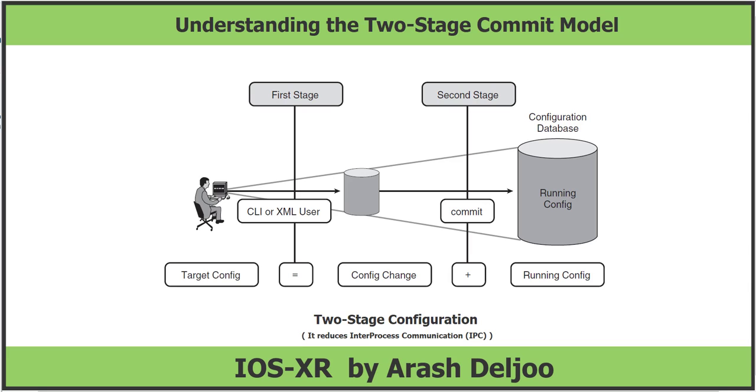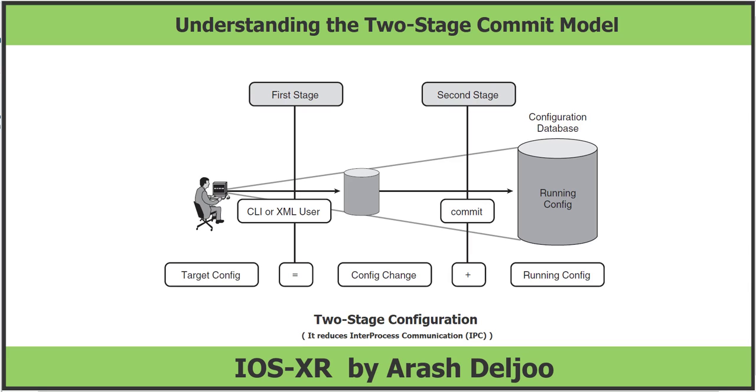The router running configuration can never be set directly. All changes to the running configuration must go through the target configuration, where it is explicitly committed by the user to become part of the router's running configuration. A unique target configuration is created implicitly when the user enters the configuration mode.